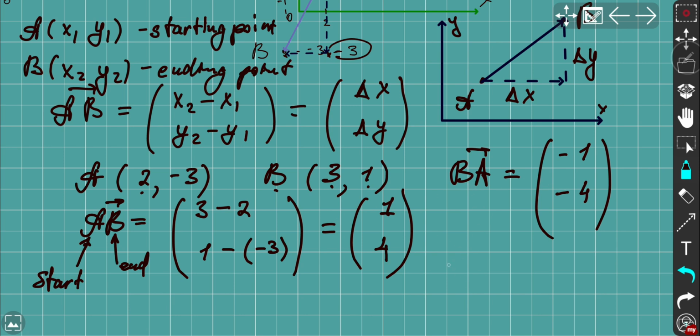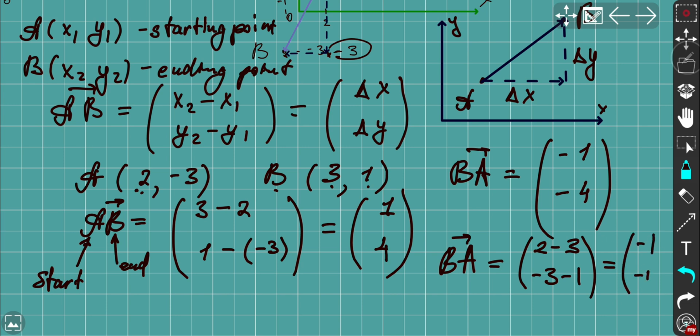So in the case of BA, we're going to subtract B coordinates from A coordinates. So in this case, it's going to be 2 minus 3, and for y, it's going to be -3 minus 1. And actually, you'll come to -1 and -4 that we had by just swapping the signs.